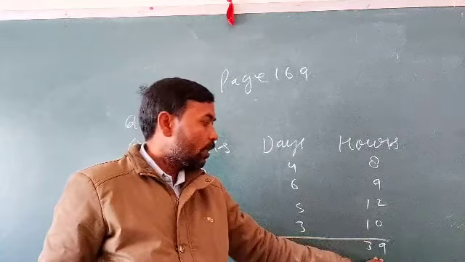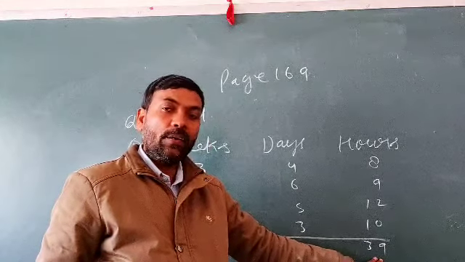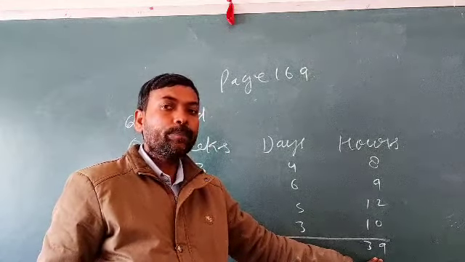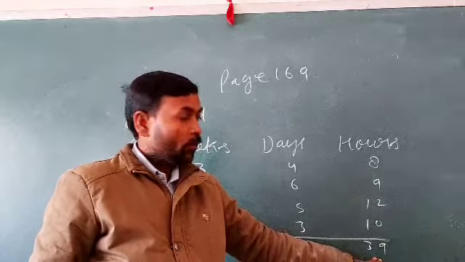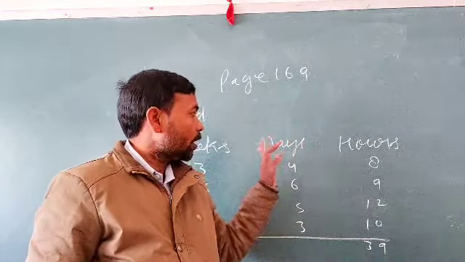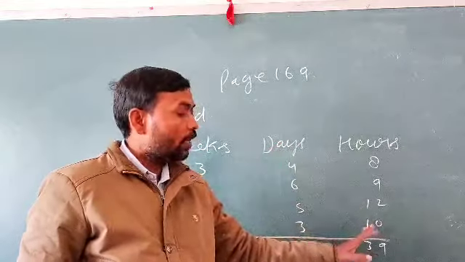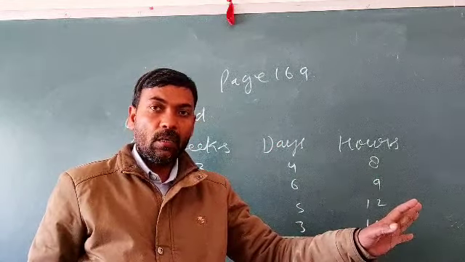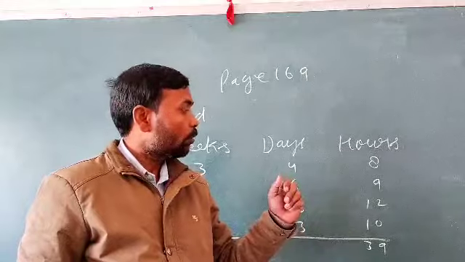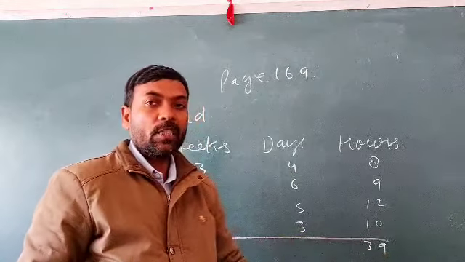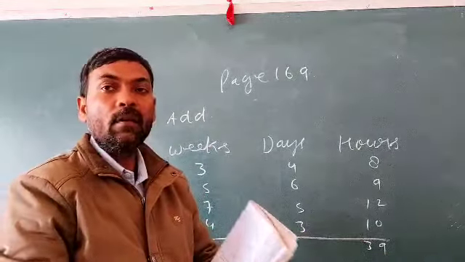But still we do not write 39 hours here. Why? Because this 39 hours can be converted into days. You know that 24 hours make 1 day. So 39 hours can be converted into days and hours.